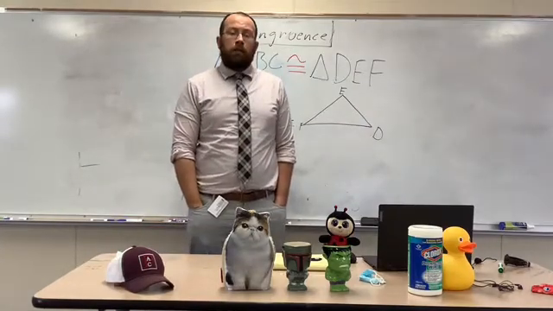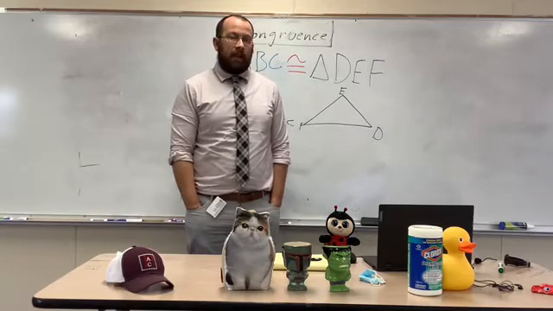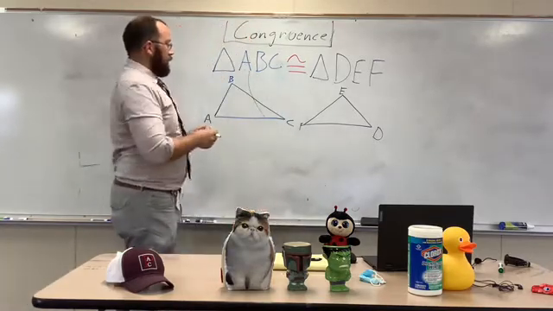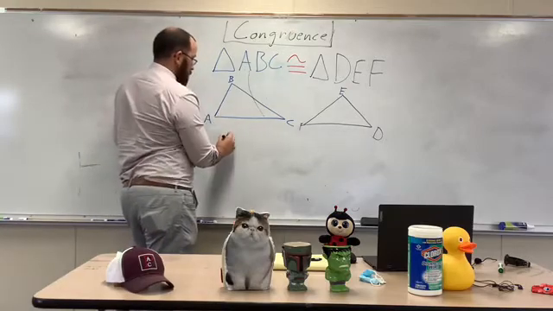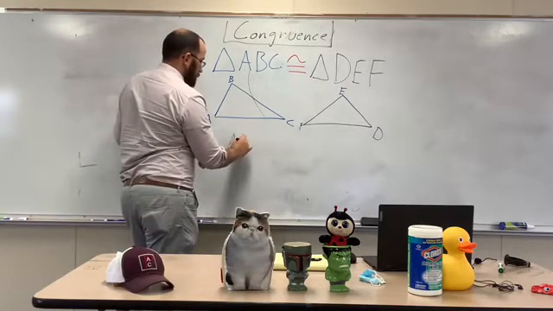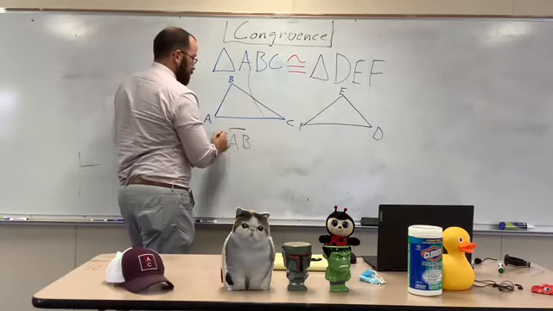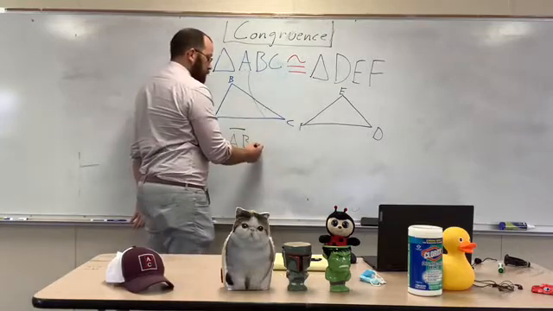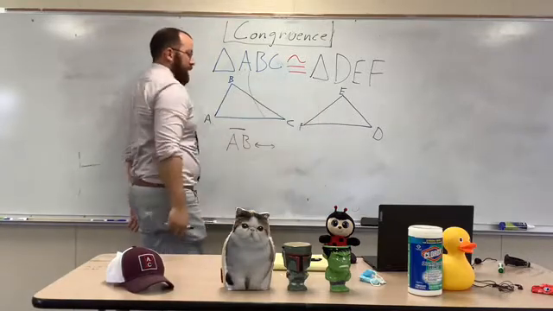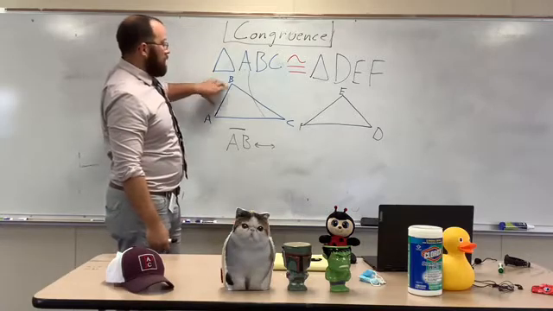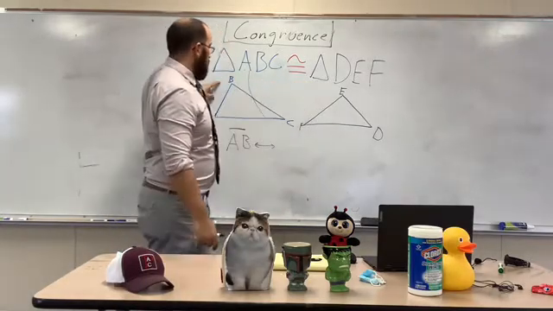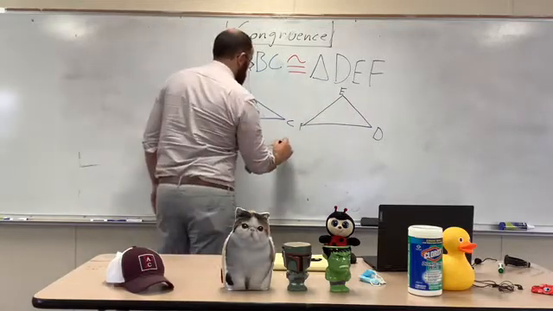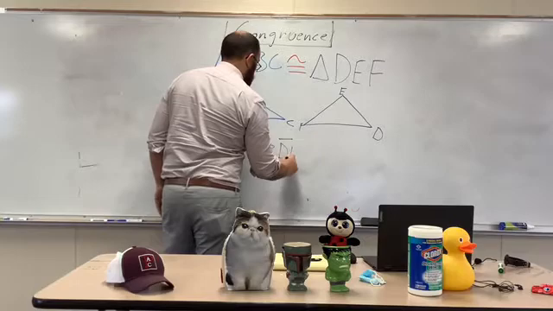Now we are going to talk about the corresponding sides and angles for this. If I want to say side AB, it's written A, B with a line over it. Which one does that correspond to on DEF? Since they all are matched up, if I took this triangle and put it on top, AB would be matched up with DE.